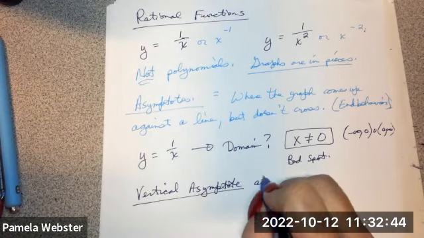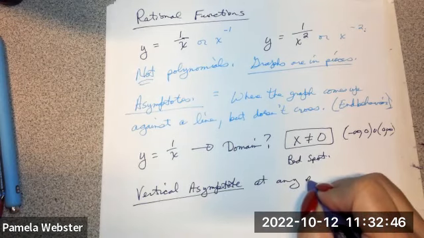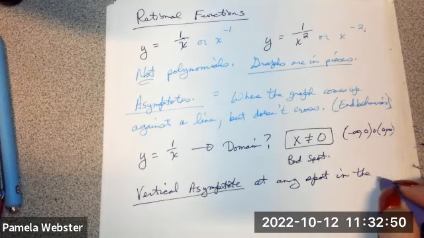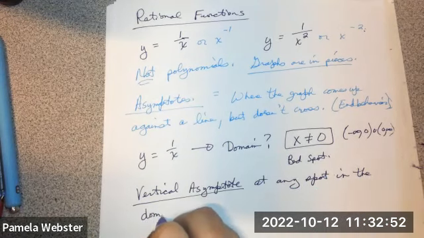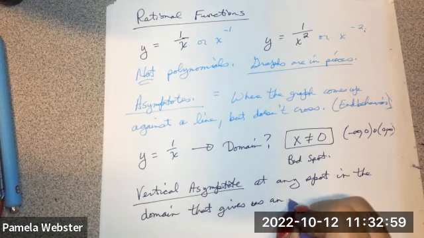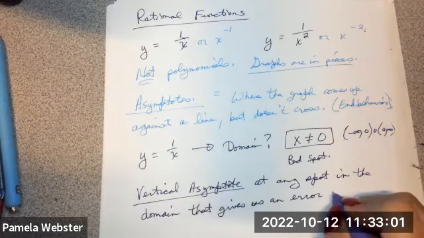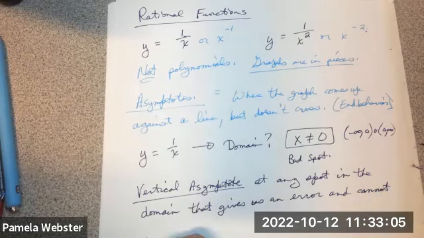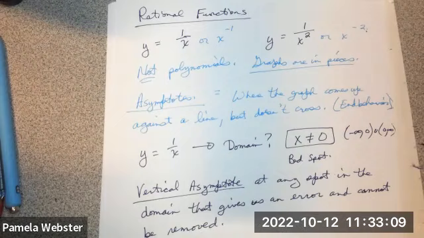A vertical asymptote is at any spot in the domain that gives us an error, and it cannot be removed. I'll show you what I mean by that in a little bit.